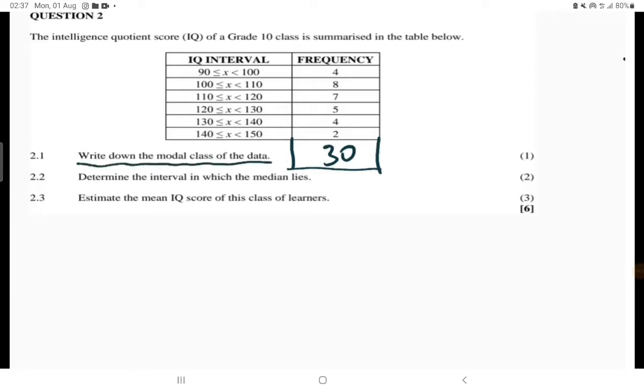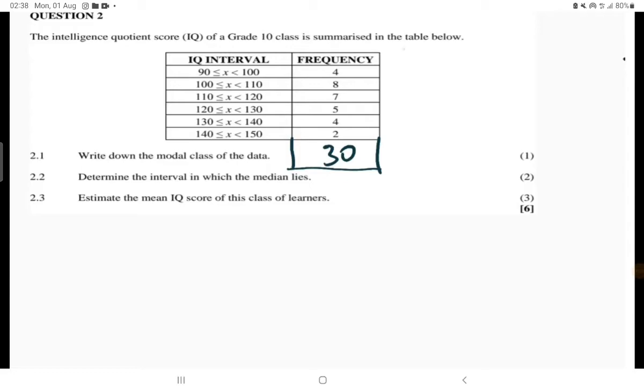The modal class is the same as the mode, but because it is given as a class or interval, we don't have a specification to say this value is the one that is repeated. But we can see that this 8, many people were found in this interval. So the repetition is probably happening there in the interval 100 to 110. So this is the mode that we can get.